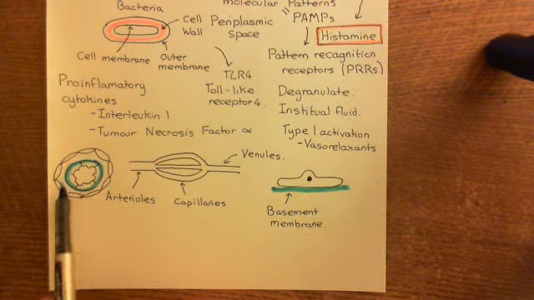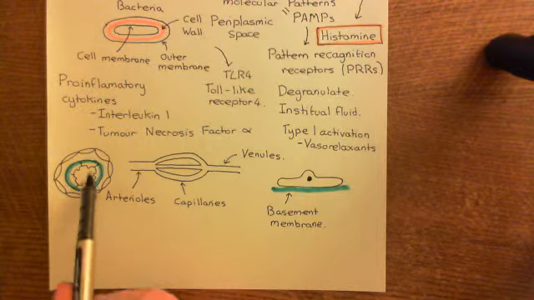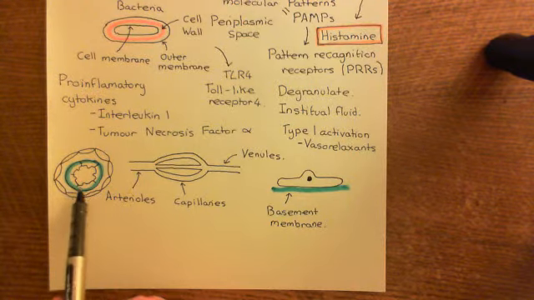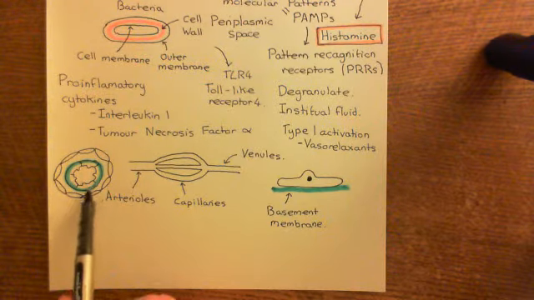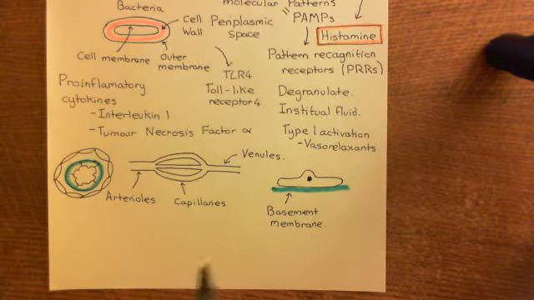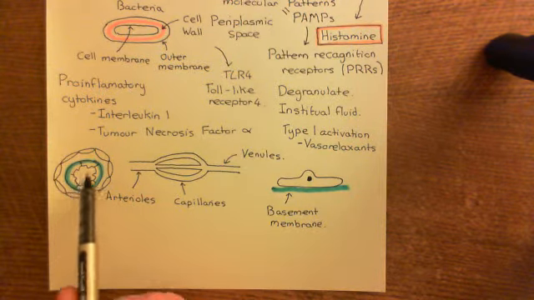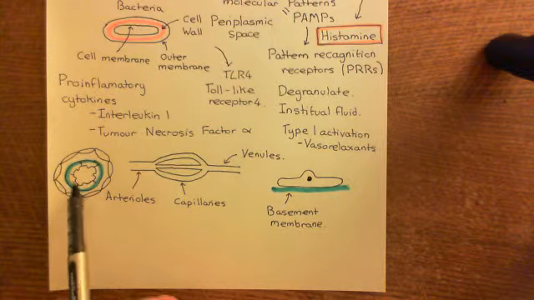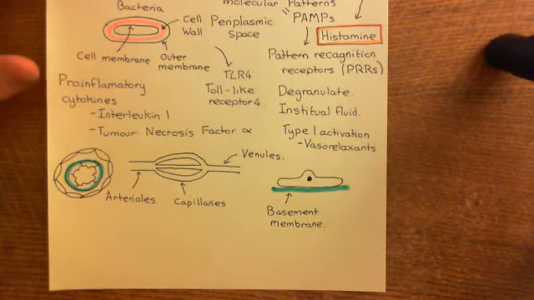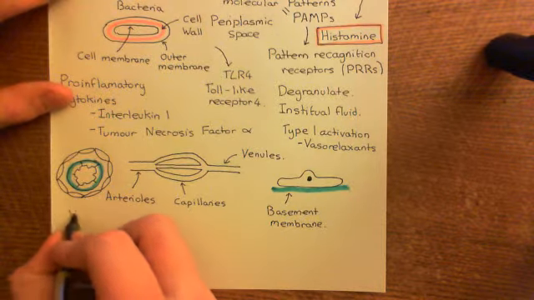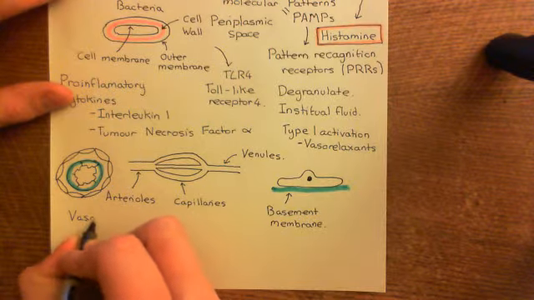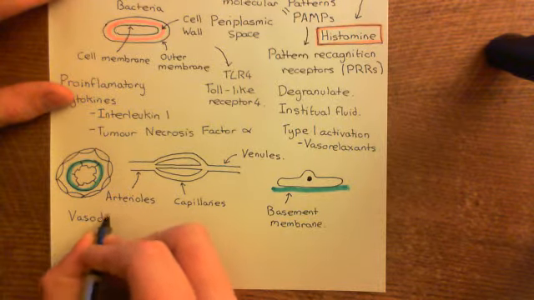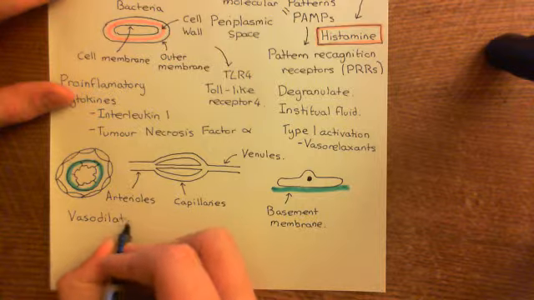And when that happens, the diameter of the endothelial cell ring and the basement membrane will also dilatate, and basically you'll widen the lumen through which blood is flowing. So this is going to cause vasodilatation when you relax the vascular smooth muscle cells around the arterioles.